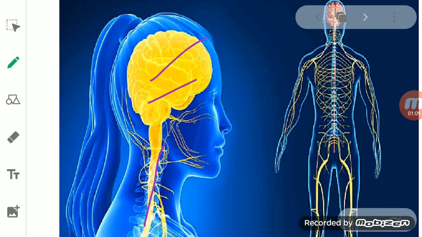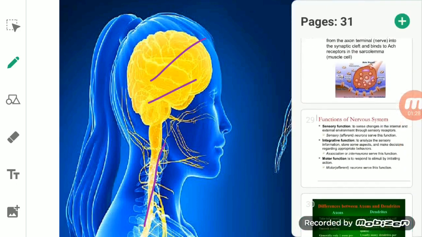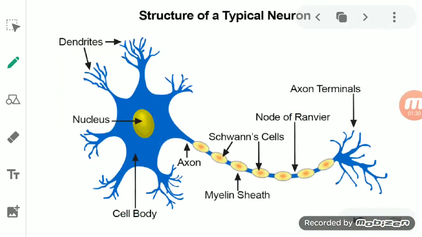Now see, these nerve tissues basically consist of a highly specialized unit cell, which we call a nerve cell. And each nerve cell, we use another term for it, and that is neuron. So we can say it consists of a unit cell called the nerve cell or neuron.